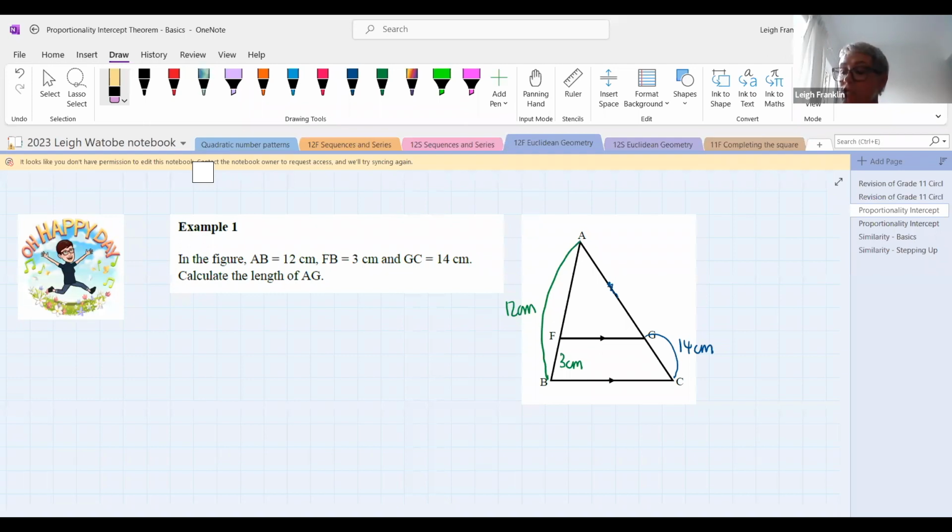But whatever proportions I make, it's got to be the same thing on both sides. If they give me the length of a whole line and this little bit over here, I can use subtraction. So AF is going to be 12 centimeters minus 3 centimeters, which means AF is 9 centimeters long.